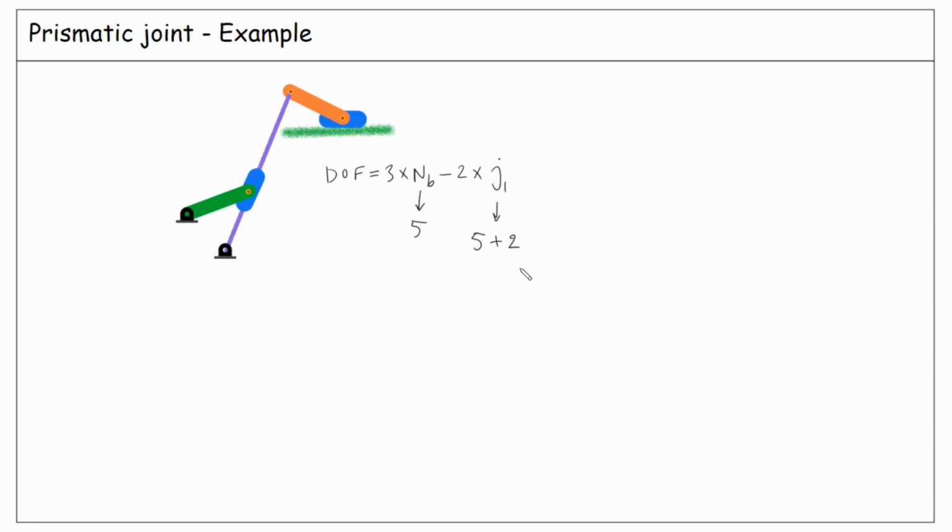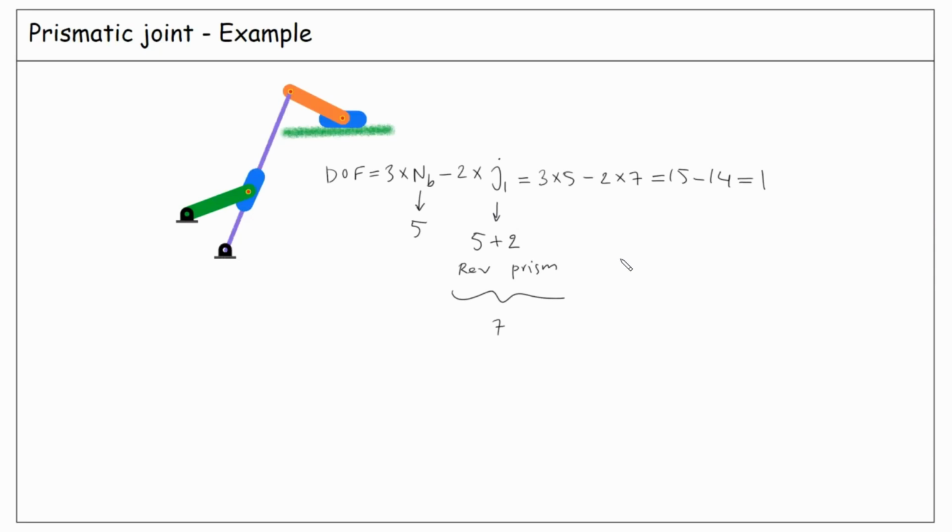So J1 is 5 plus 2. I mean 5 revolute joints and 2 prismatic joints. So 7. Substituting, 3 times 5 minus 2 times 7. 15 minus 14. The degrees of freedom is 1.